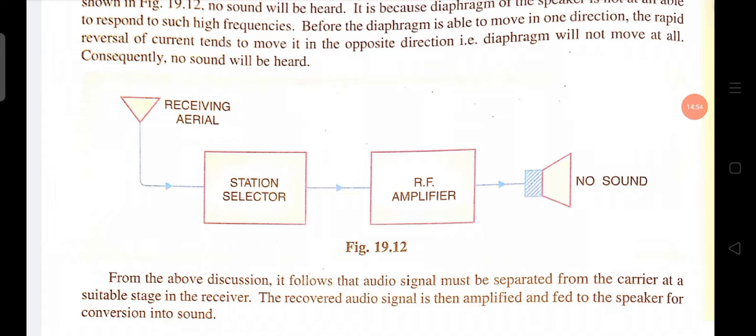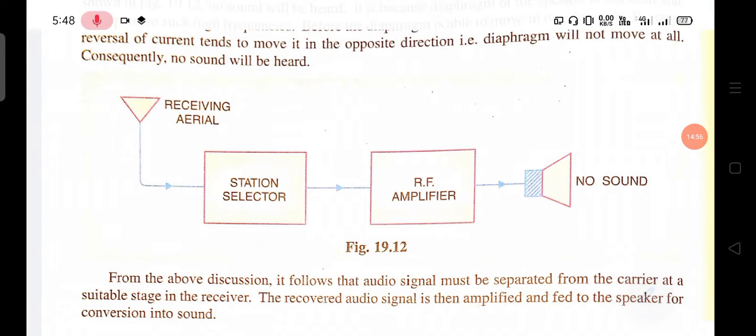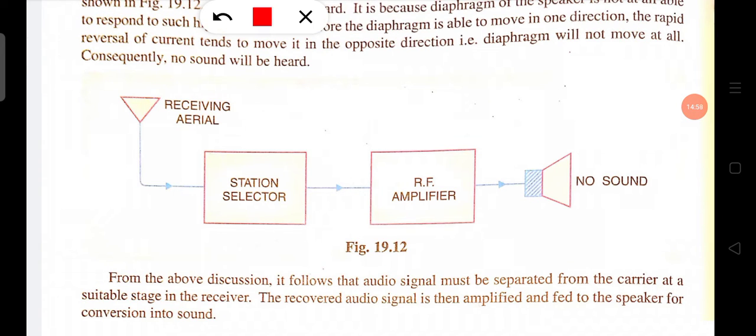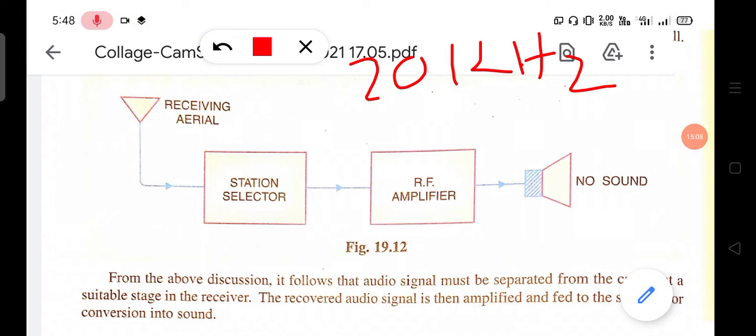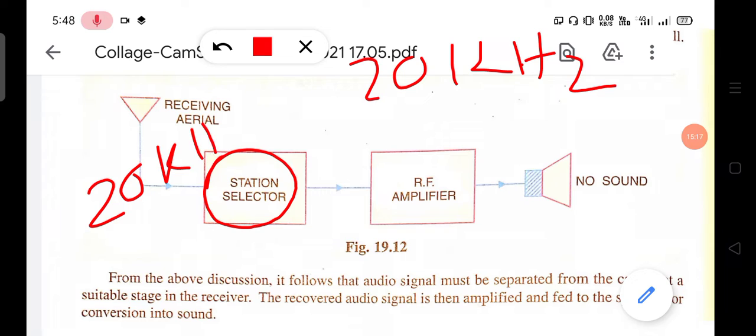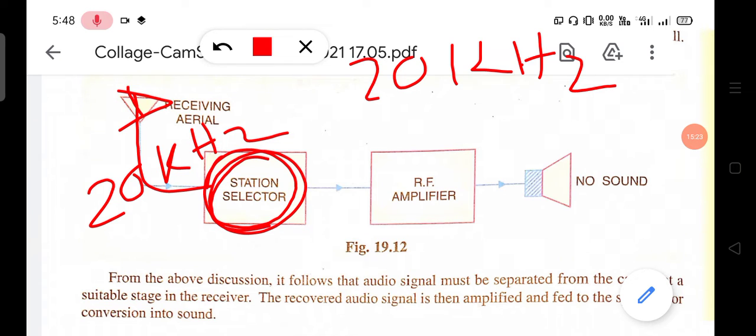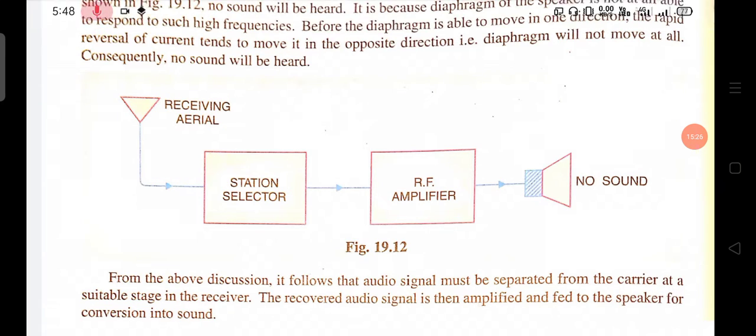Let's say we send the message signal in the frequency range of 20 kilohertz. So the station selector automatically selects the 20 kilohertz range to receive the 20 kilohertz frequency signal. So it selects one station for our receiver.